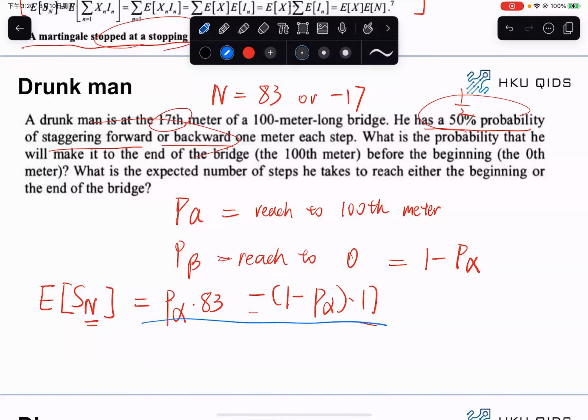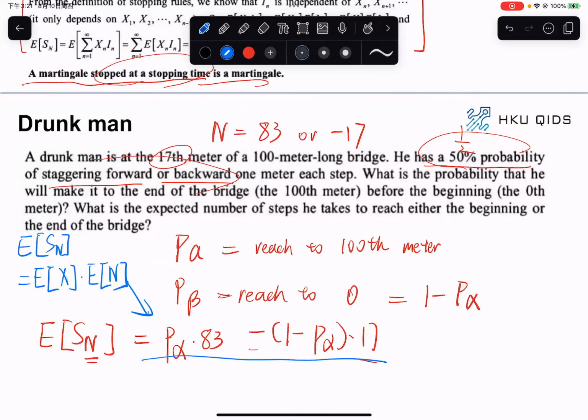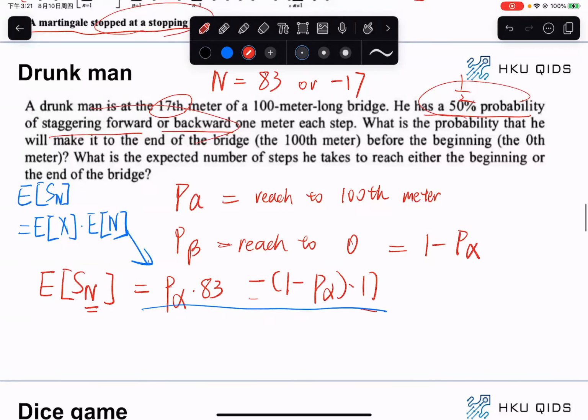So how can we get this formula? We are using Wald's equation, that E[Sn] is going to be E[X] times E[N], and we know this is going to be the same as 0, which is just 0.